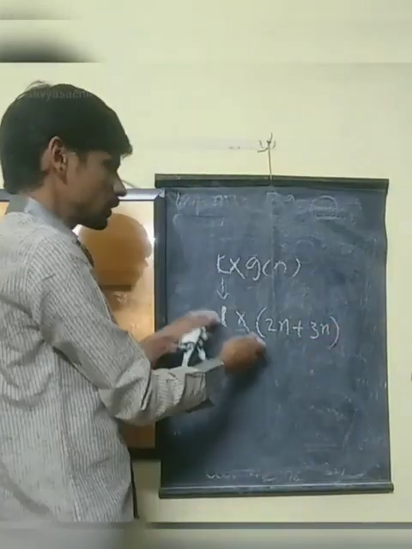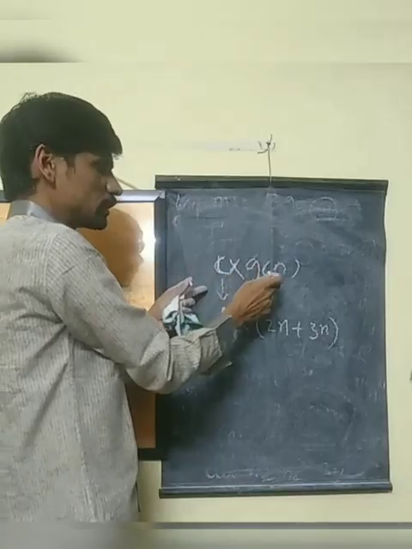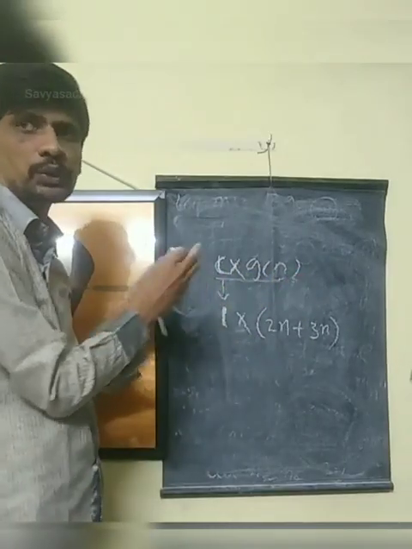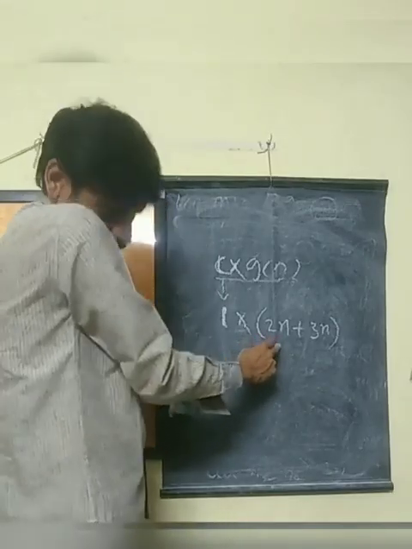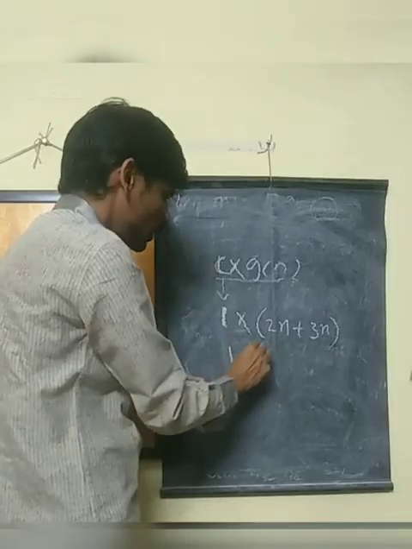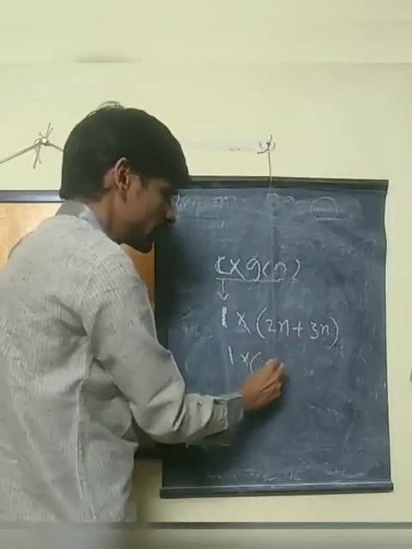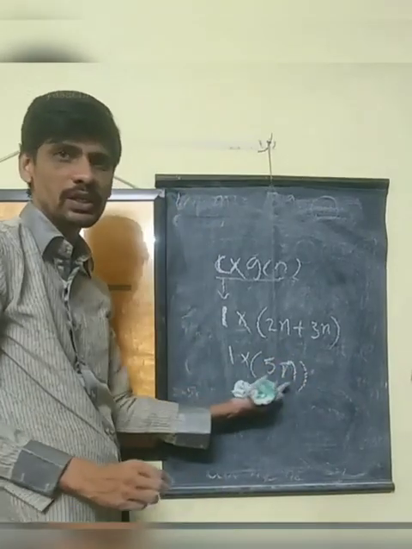This is our next function, C multiplied by g of n, and this is always greater than or equal to f of n. So here, if I add 2n plus 3n, what is my output? 5n, right? So 5n comes here.